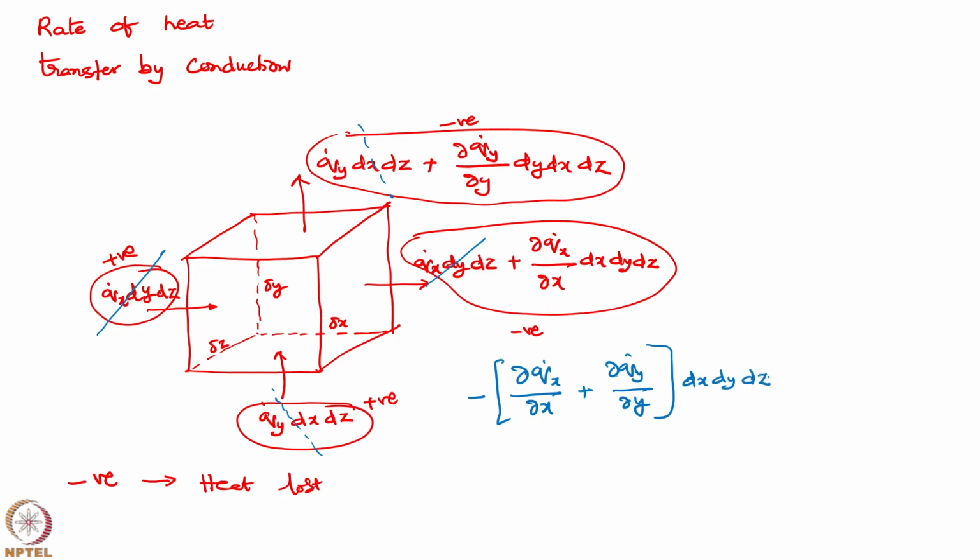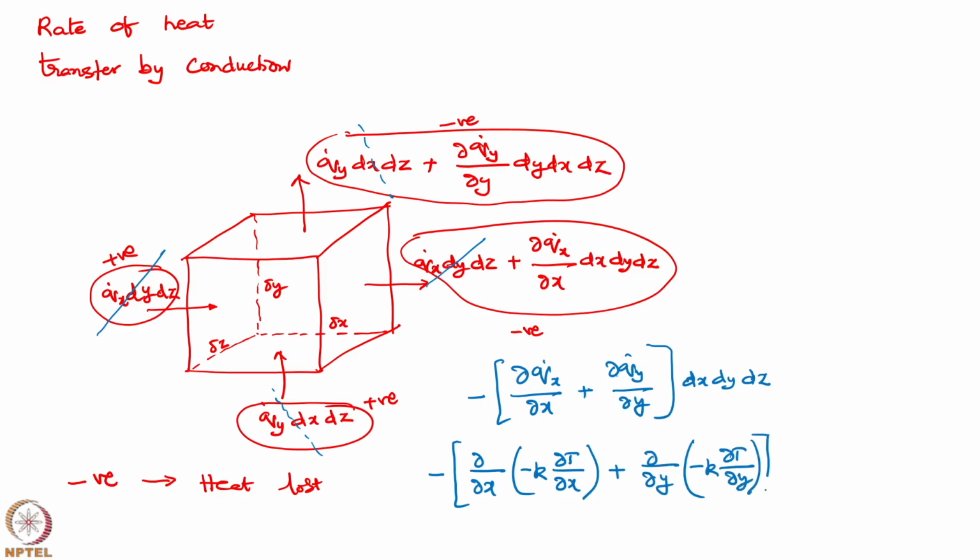Now, qx dot, by Fourier's law of conduction, can be written as minus k dou T by dou x, plus dou by dou y of minus k dou T by dou y, into dx dy dz. So minus into minus, if you just pull out k, assuming k is uniform.